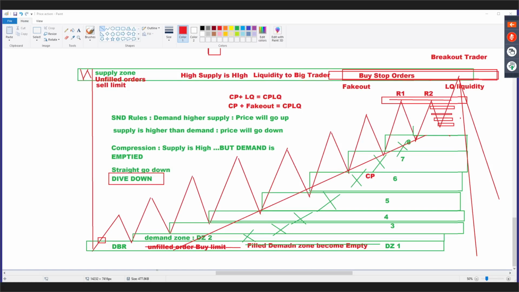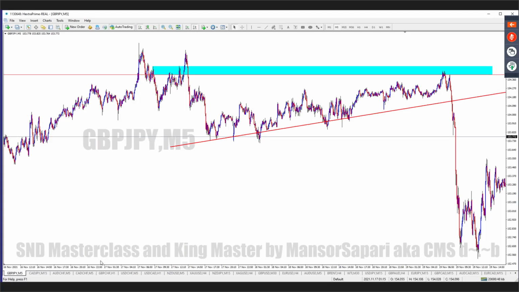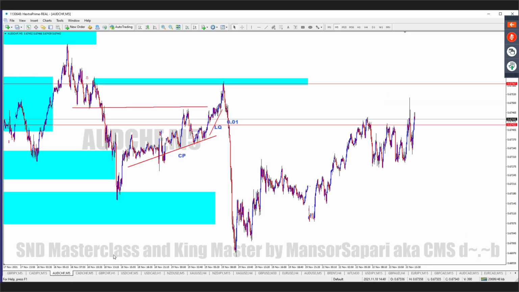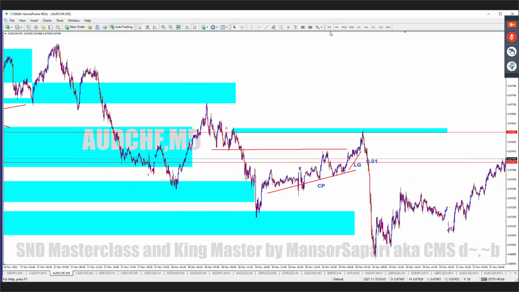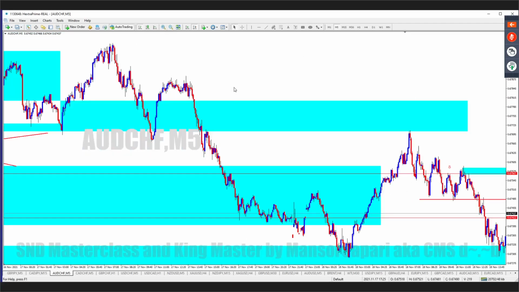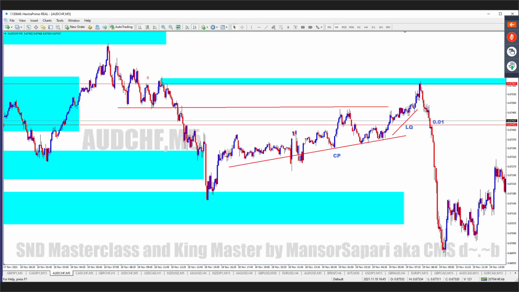So for example, we have this setup on AUD-CHF last week. We have compression over here.